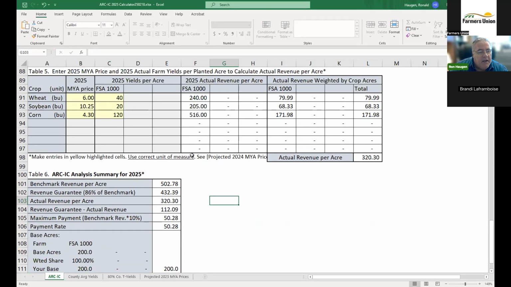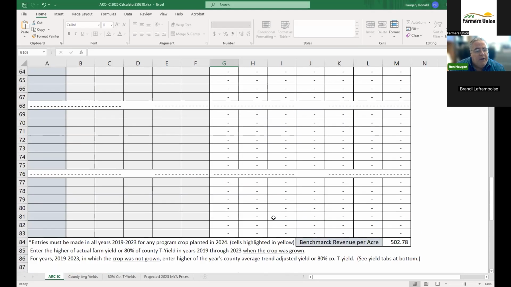These yields are what you will actually end up with when you certify your yields, but it's kind of a guess at this point on whether you should go into ARC-IC. I don't know that anybody can really guess that they're going to have a bad yield, but you could try your best to guess.